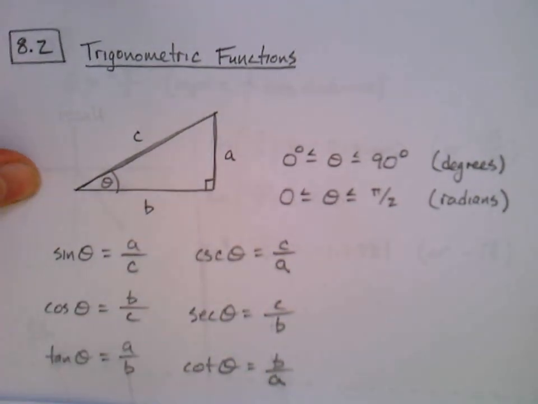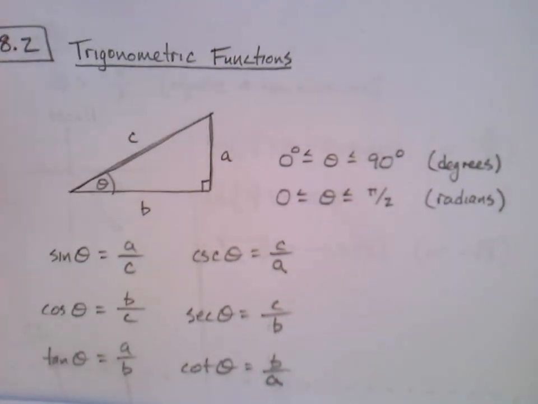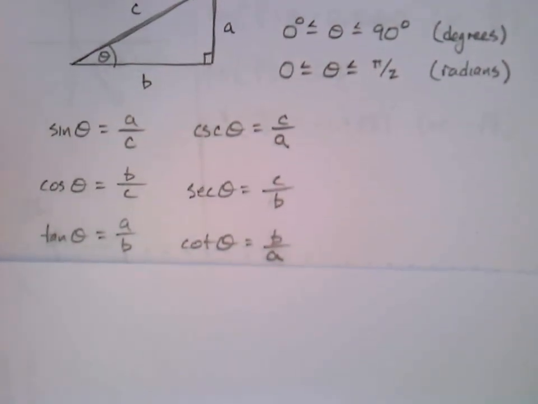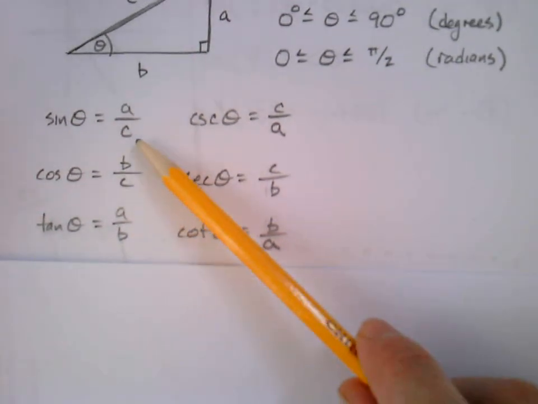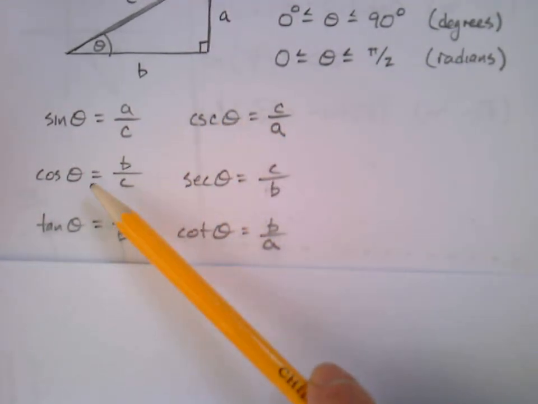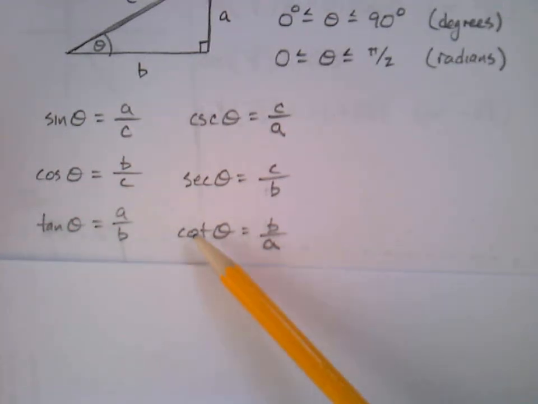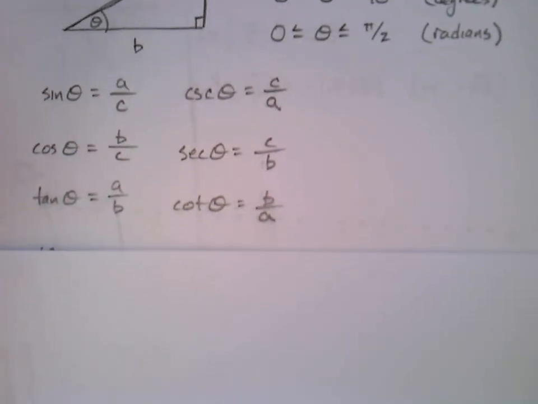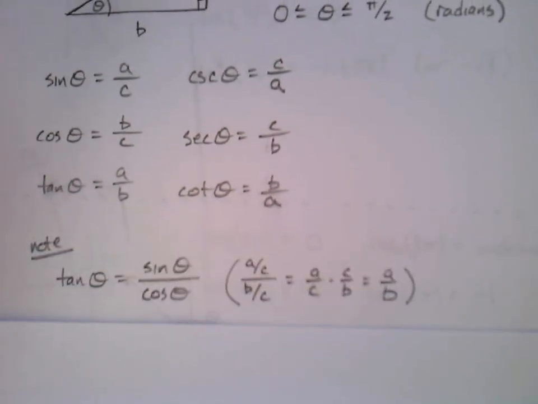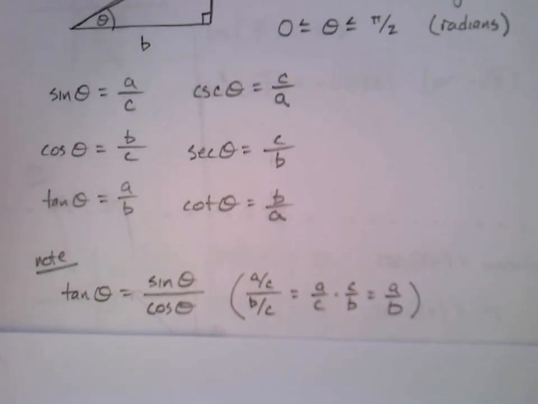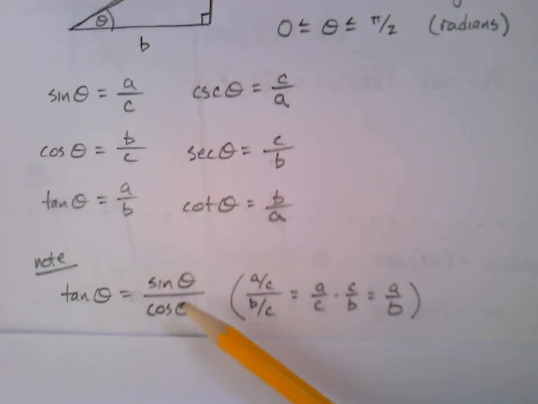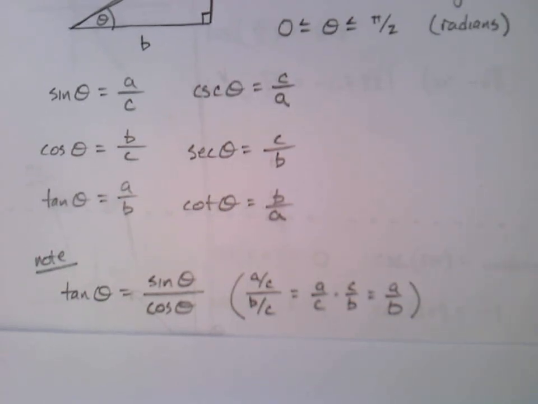One other thing that I did not mention that'd be good to point out now, speaking of how these trig ratios are connected, is that the tangent of theta is the sine of theta divided by the cosine of theta. That's pretty clear once you look.